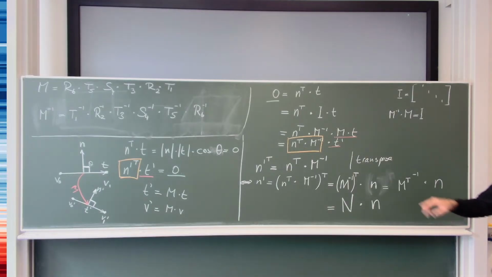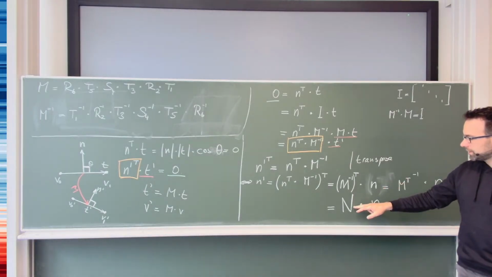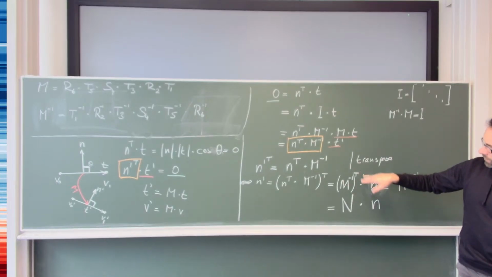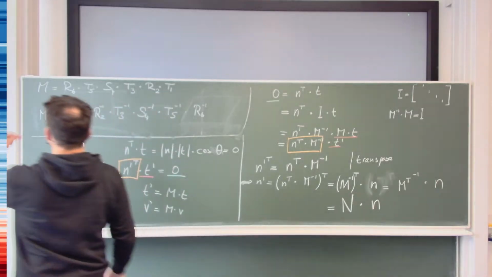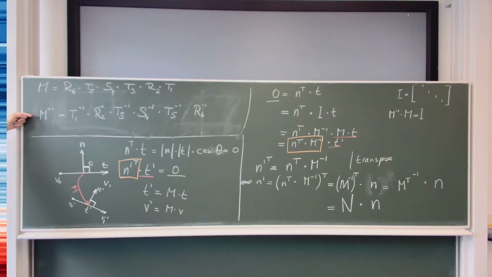And it's no problem to compute this n. Well, the transpose operation is pretty easy. And the computation of the inverse is also straightforward. You just need to add another 16 float values to each object.